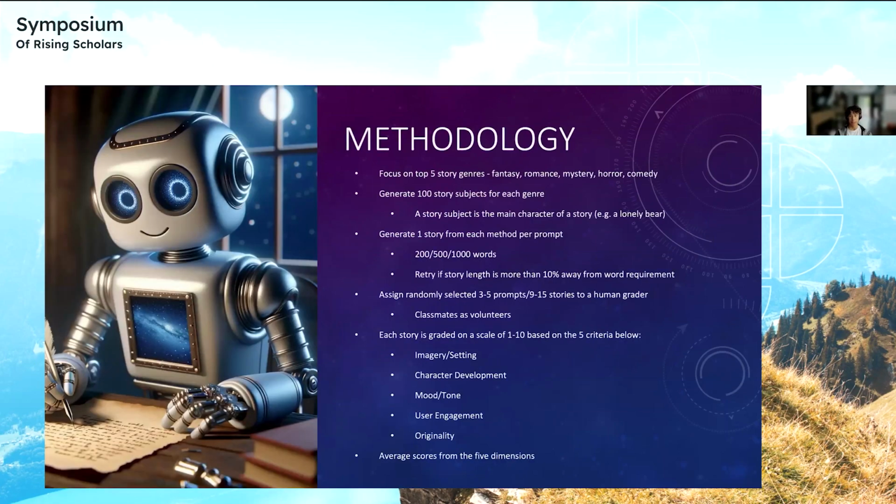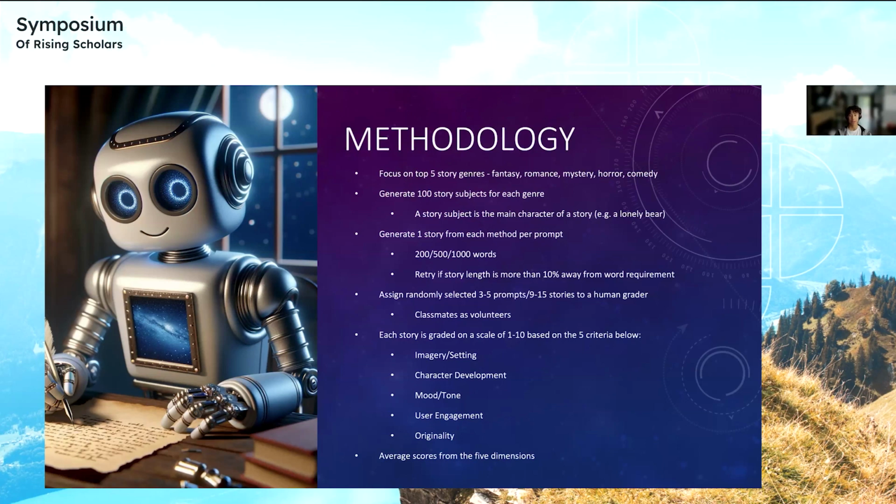So to conduct this experiment, I generated 100 story subjects for each of the top 5 story genres, as you can see above. A story subject is the main character of a story, like a lonely bear. And for each of these story subjects, each method generates 1 story with a given length, which is either 200, 500, or 1,000 words.